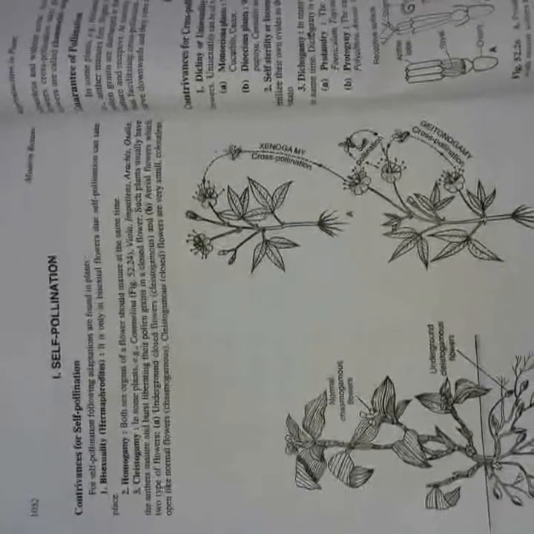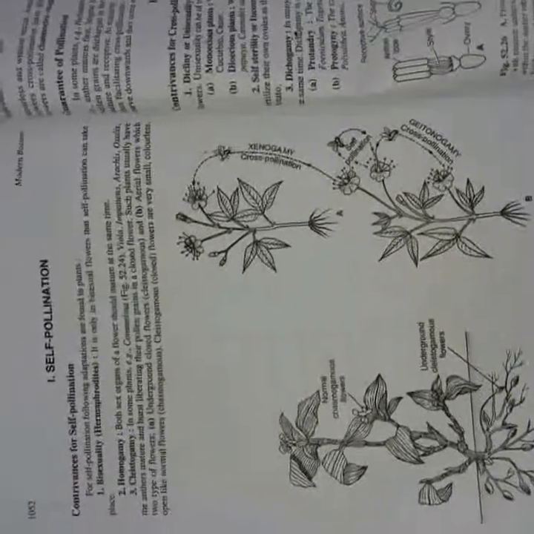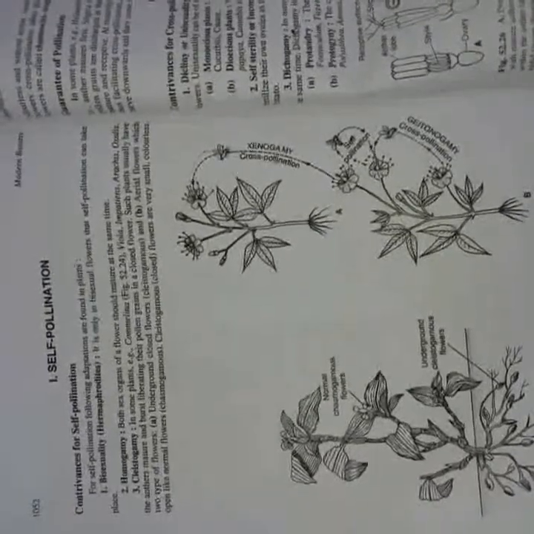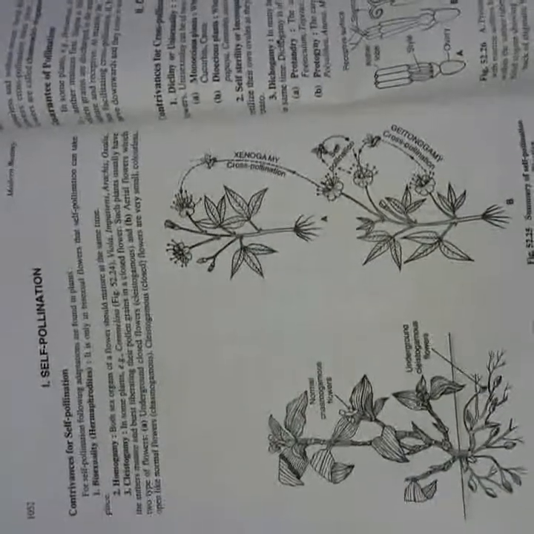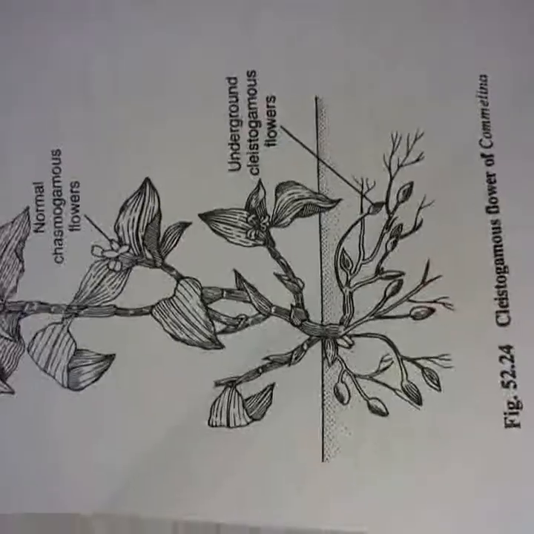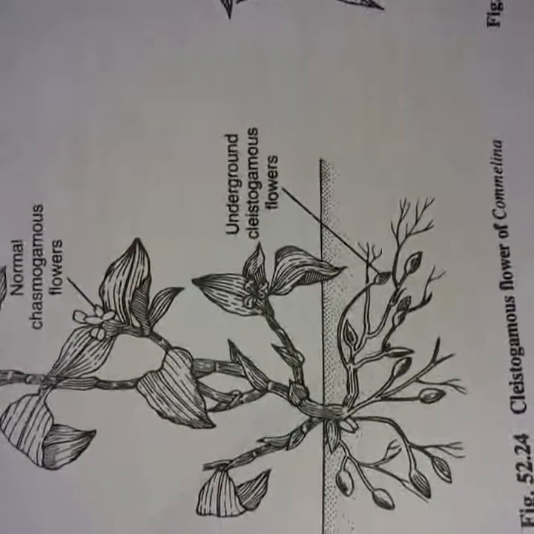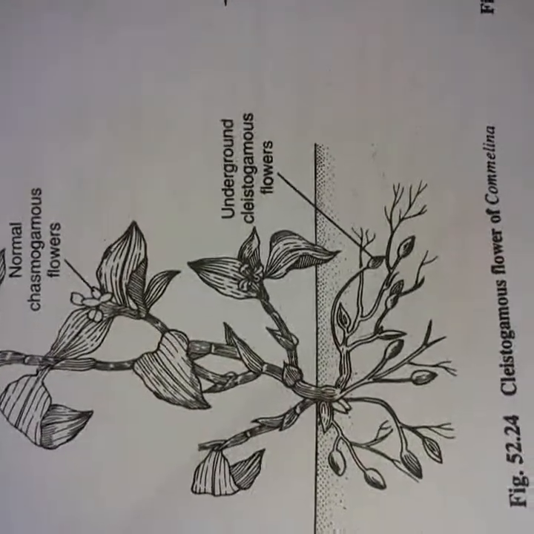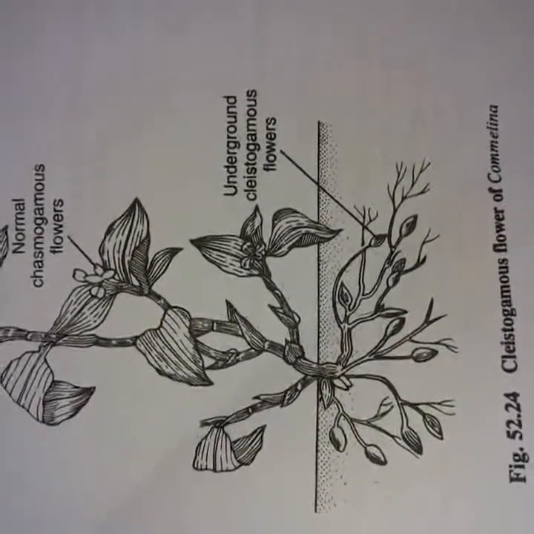Cleistogamous self-pollination is present in groundnuts. Groundnuts have underground closed flowers. So this structure is the cleistogamous flower of Commelina.